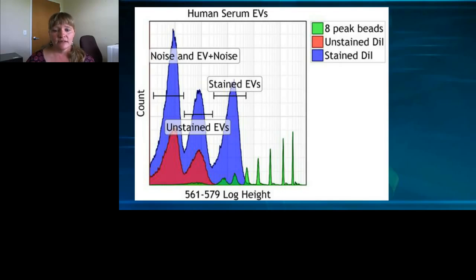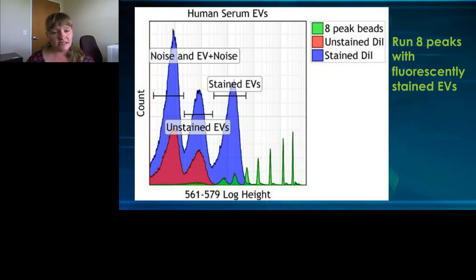We run 8 peaks with these fluorescently stained EVs simultaneously, and this shows your detection threshold. We have the unstained EVs and the stained EVs and our 8 peaks. It may actually be required for publication of any extracellular vesicle data. So therefore, this particular information is important for users to understand that it needs to be run when running your samples.